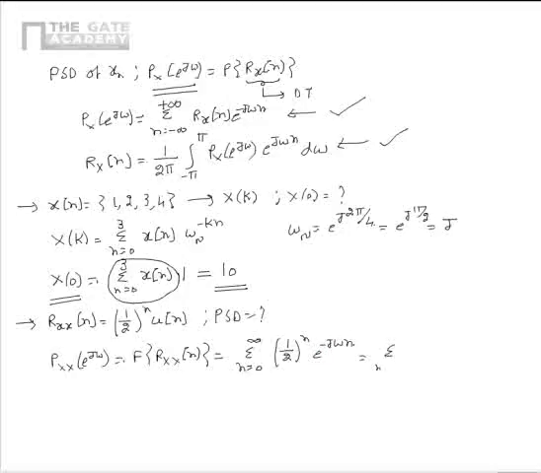This can be written as the sum from n equals 0 to infinity of ((1/2) e^(−jω))^n. The signal (1/2)^n u[n] is absolutely summable. We see that the PSD can be simplified as 1/(1 − (1/2) e^(−jω)). So for the given autocorrelation function, the PSD is 1/(1 − (1/2) e^(−jω)).